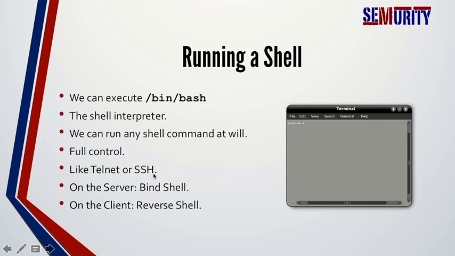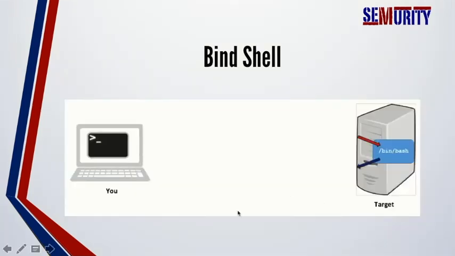Now, if you ask Netcat as a server to execute this program, then you will have a bind shell. But if you instruct Netcat as a client to run /bin/bash, you will have a reverse shell. So we have now two machines.